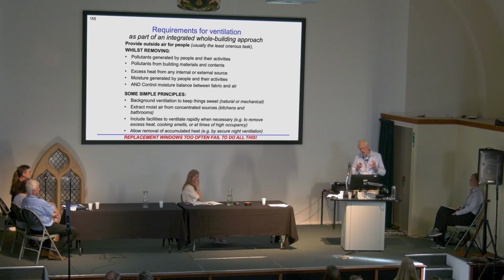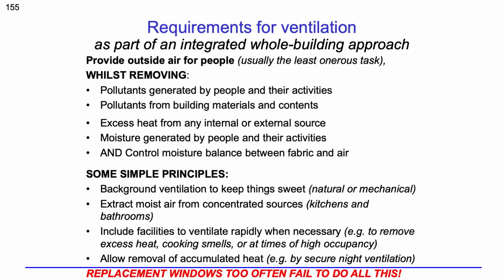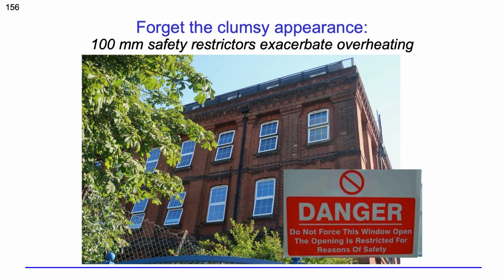And night ventilation can be really, really important for keeping summertime temperatures down. And this is really difficult if you're in a southwest facing flat, single aspect, with tilt and turn windows that you can't turn because of the security or the noise or something outside. So you often find the replacement windows are much less good at doing all of these things than the original ones, which means we need a mechanical system instead.